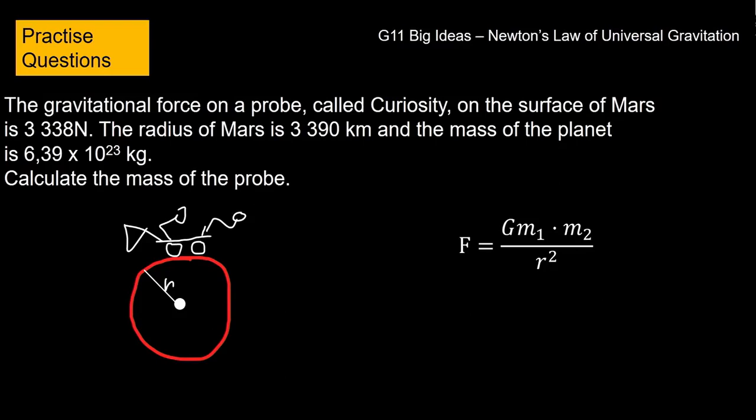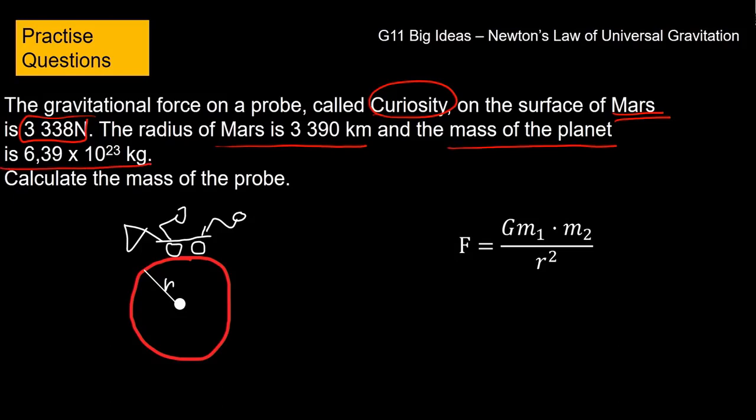Okay, let's move on. Let's get right into it. So I have this question. The gravitational force on a probe called Curiosity on the surface of Mars, oh, that's interesting, Mars, is this amount. The radius of Mars is that much, and the mass of the planet is that much. Calculate the mass of the probe.